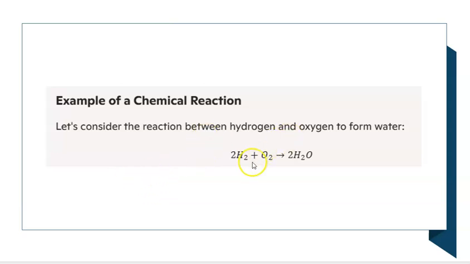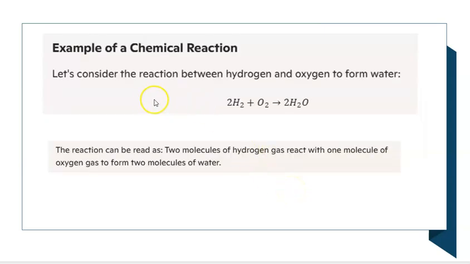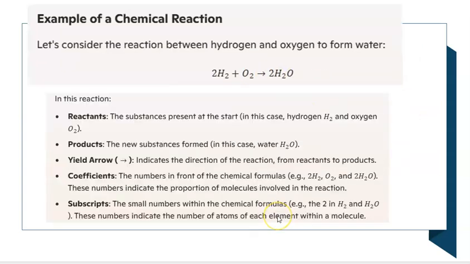Here we have one example, the formation of water from hydrogen and oxygen. Look at this. We have 2 molecules of hydrogen and 1 molecule of oxygen, and they yield 2 water molecules.